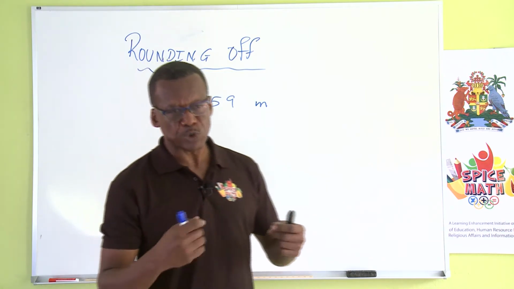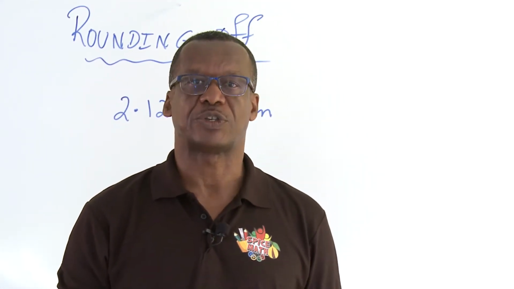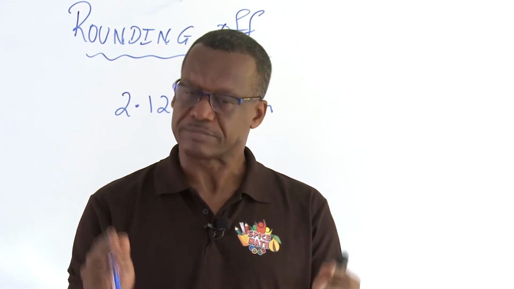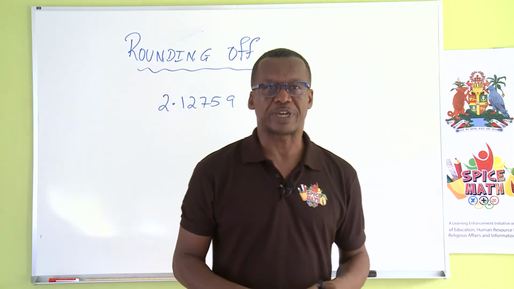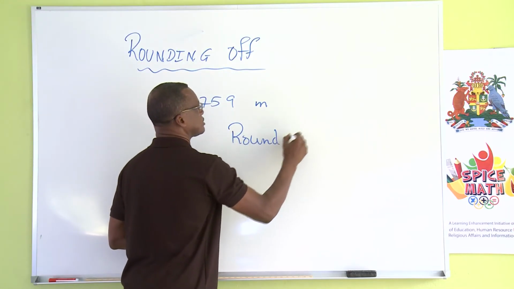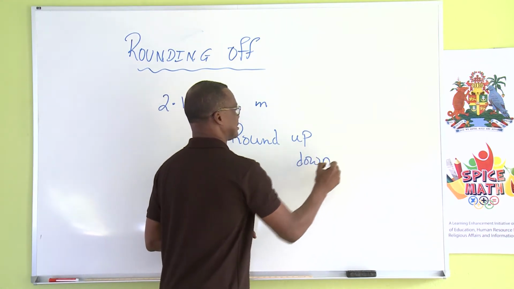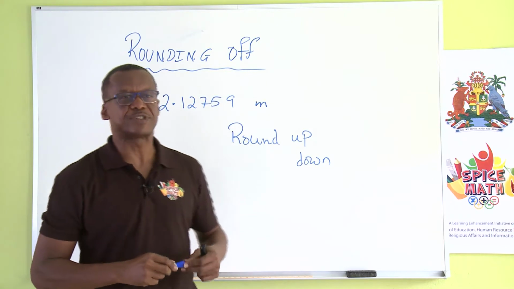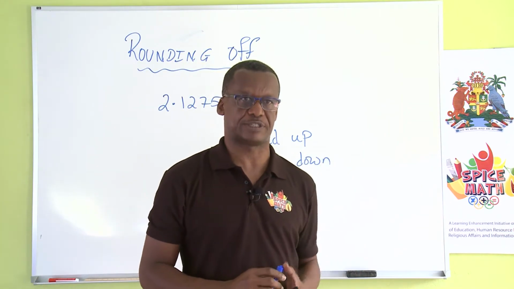What is the process of rounding off? How do we make that approximation so that it would fit within realistic understanding of mathematics and numbers? When you're rounding off a number, you can either round up or you can round down. But before that is done, we have to find what is the target digit.